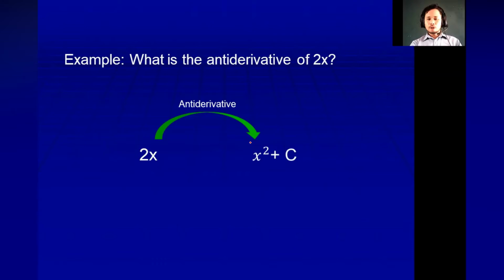But if you get the derivative of x squared plus c, where c is any constant, it will go back to 2x. Using the power rule, the derivative of x squared plus c is equal to 2x. So as you can see, this is the relationship between antiderivative and derivative.